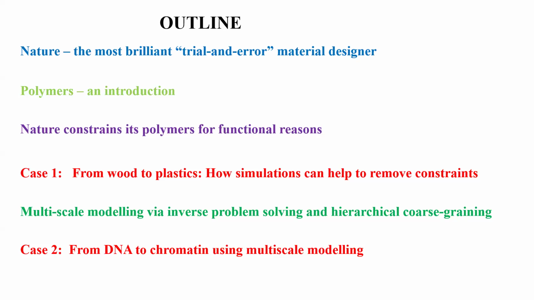Then I will give you two examples, and first is about cellulose or biomass, you would say, and I will tell you about how to create new types of plastics from wood, and how simulations can help to remove the constraints, because wood and cellulose are very tough materials, and at this moment that prevents us from using it more.